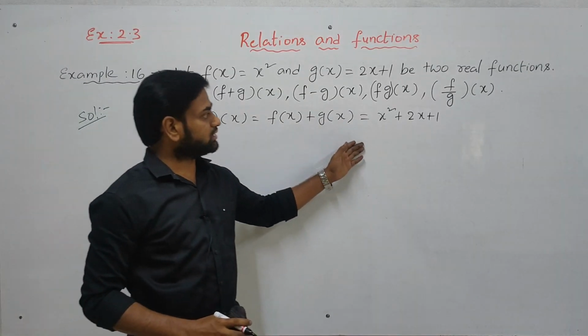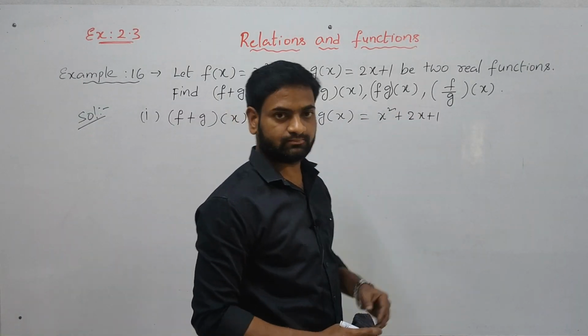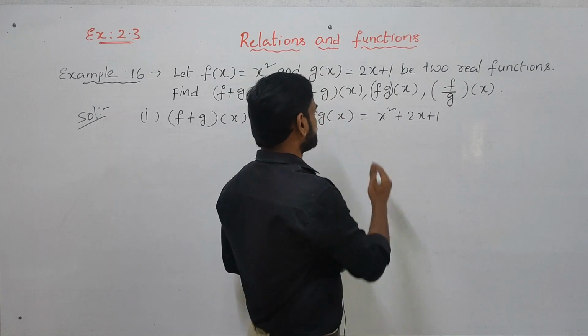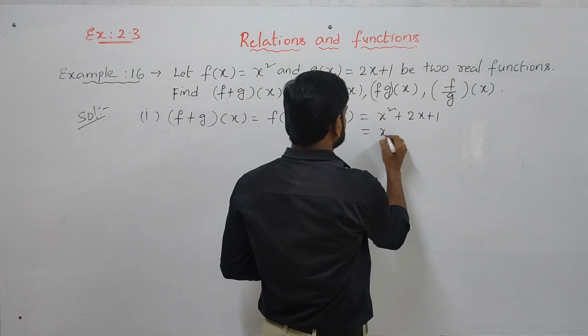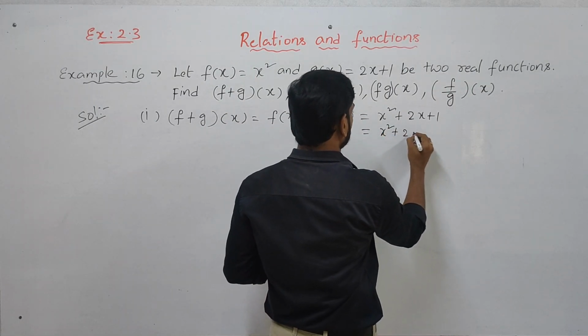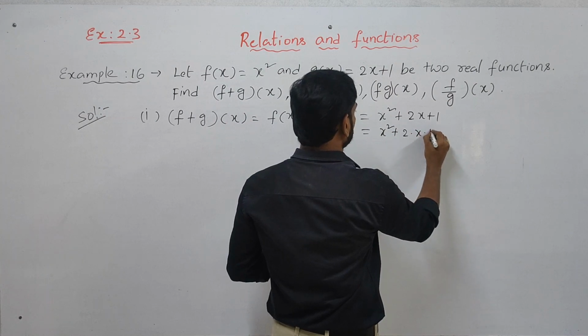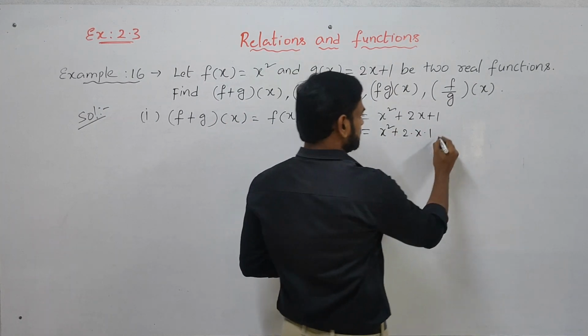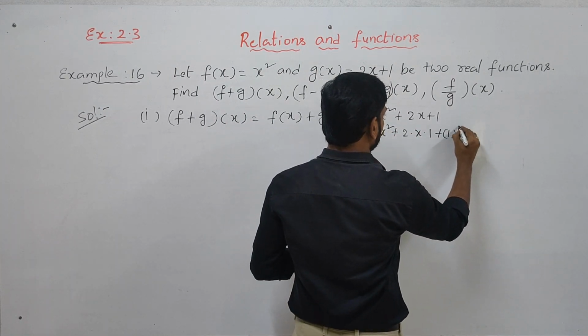So x square plus 2x plus 1. We can write this as x square plus 2 into x into 1 square.